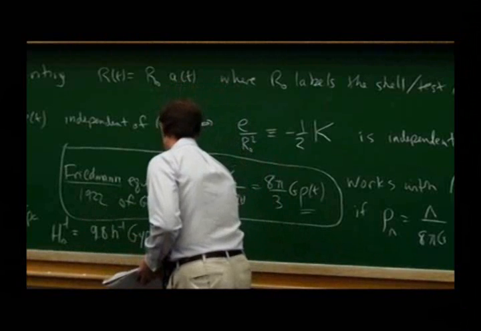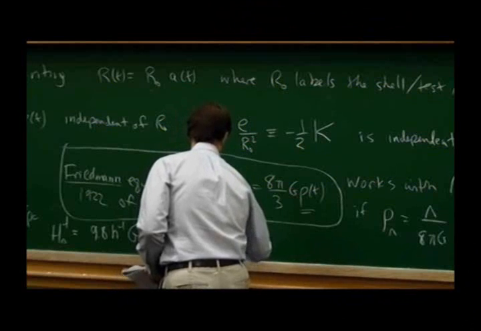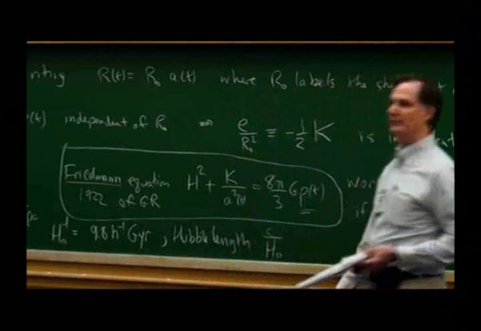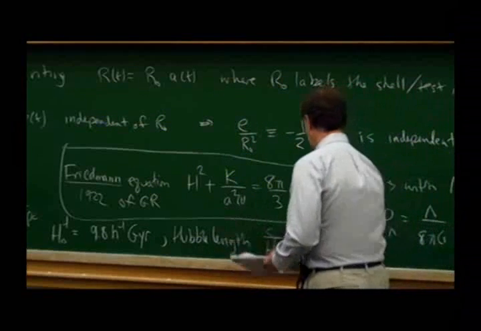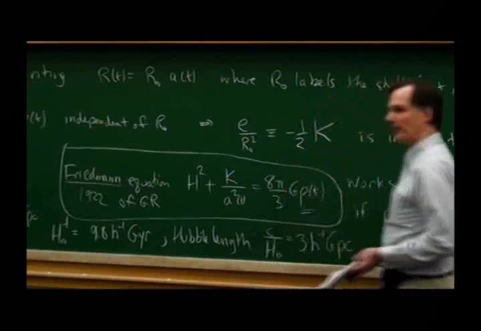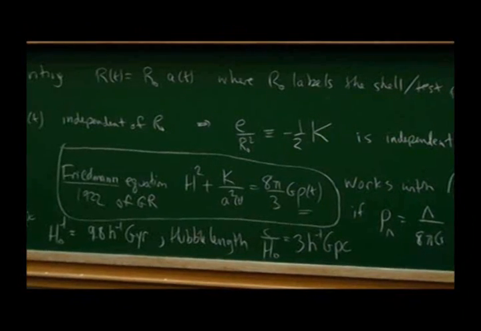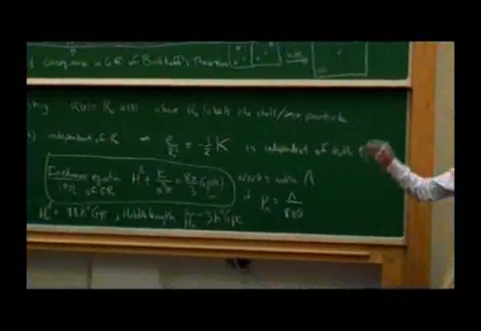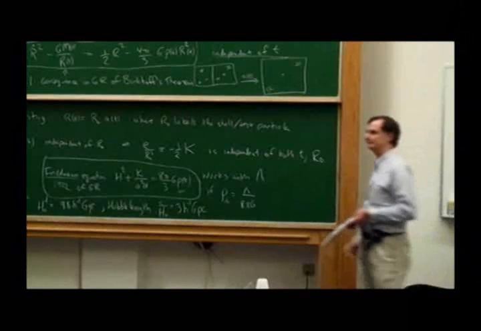And there's also a Hubble length, or distance, and I'll put in the c, the speed of light here, so you just see that I mean something that has units of length, which is 3 h inverse gigaparsecs. So there is a characteristic length scale of the universe of a few gigaparsecs over which, if you look at galaxies separated by that amount, you'd expect them to have relativistic motion.